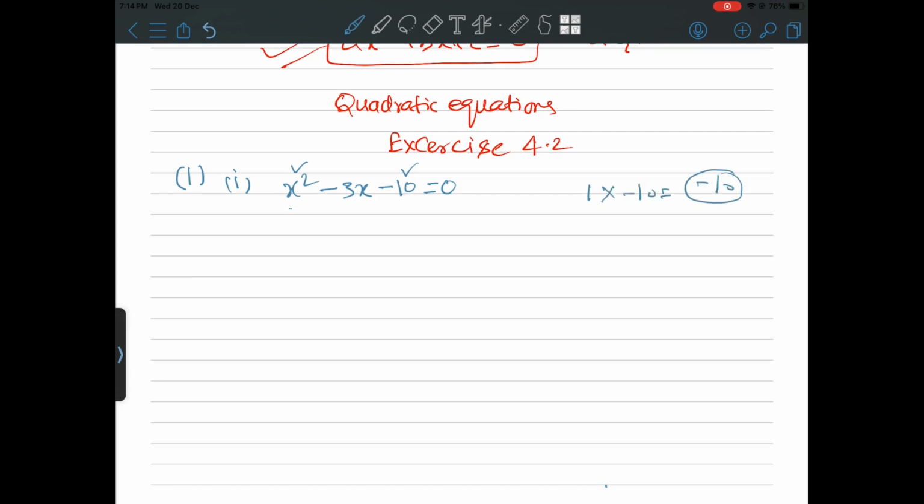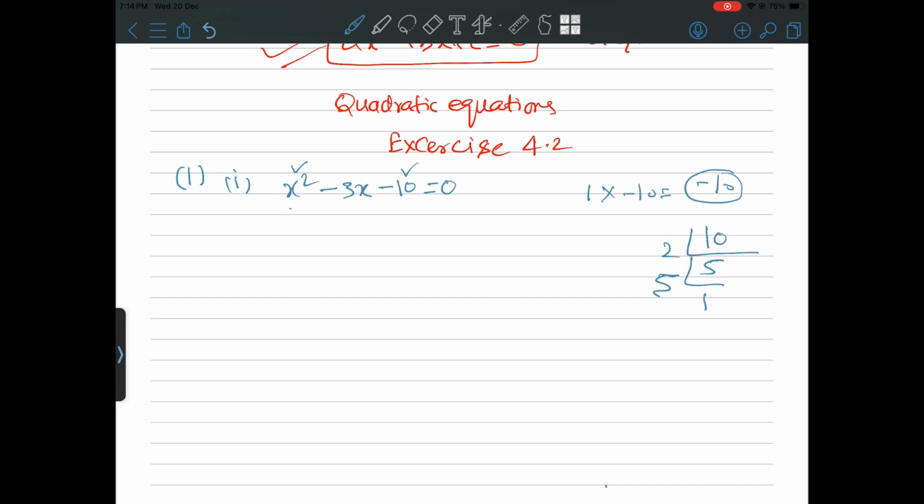So ultimately, our aim is to factorize 10 in such a manner that we find two numbers whose sum should be minus 3 and their product should be minus 10, right?